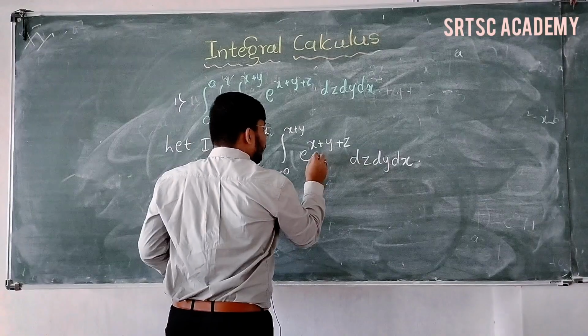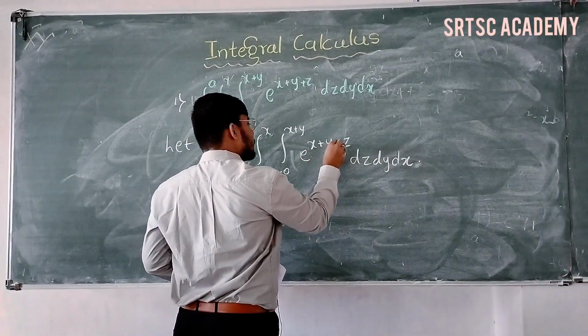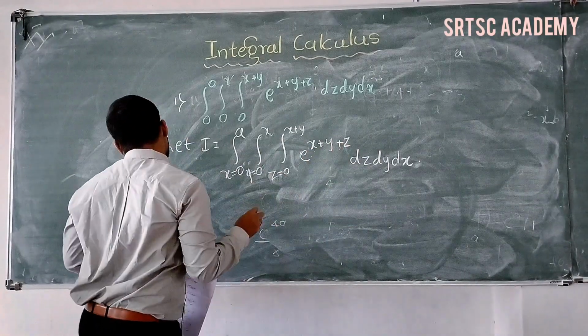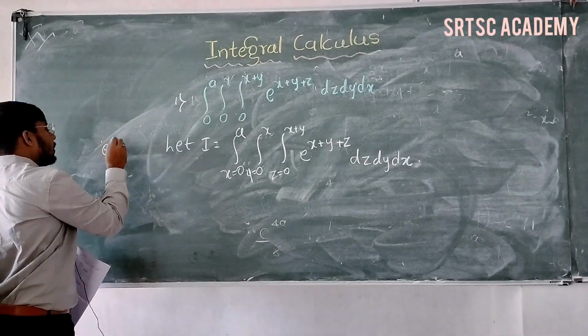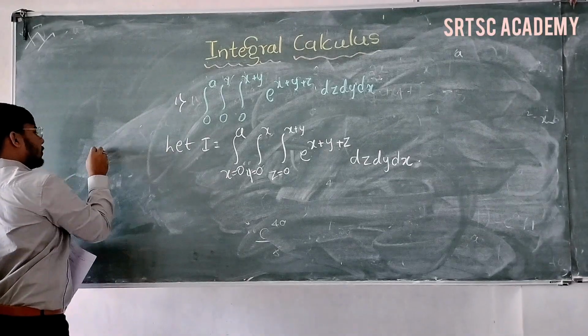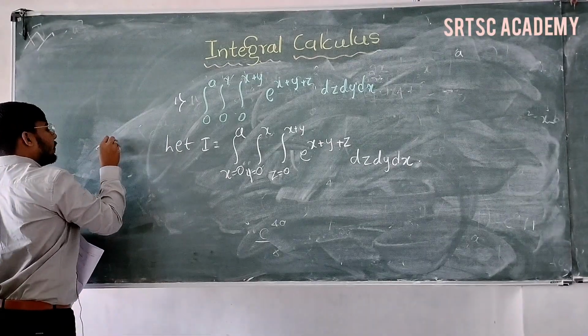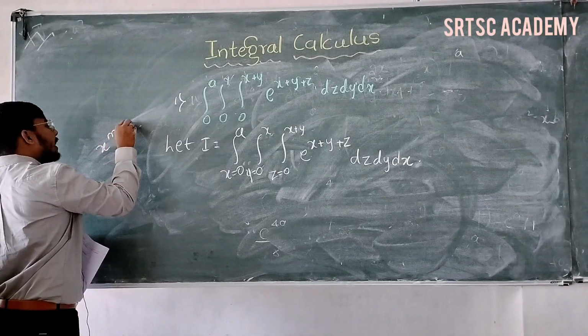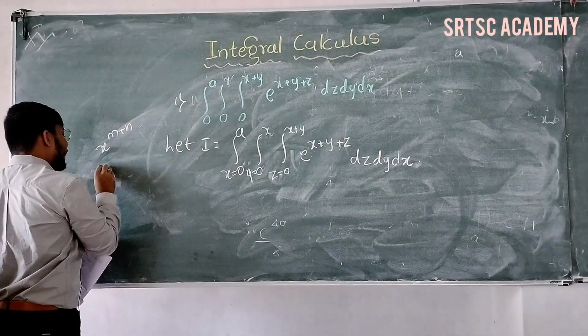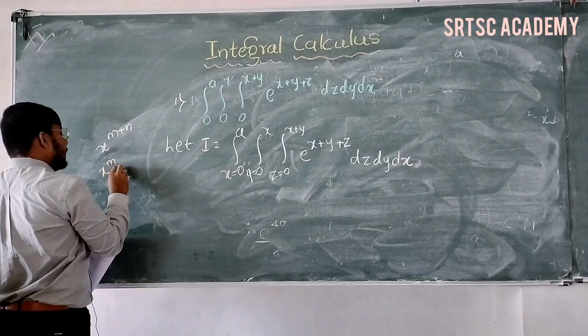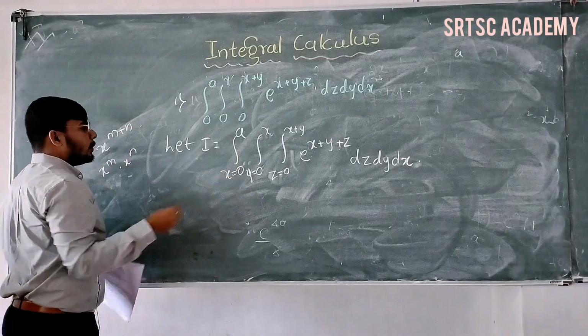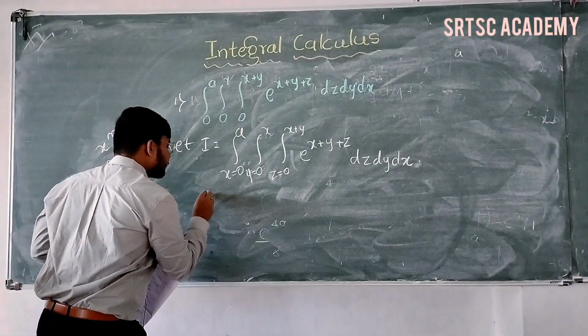Okay, we have e to the power x plus y plus z. We have the exponential rule. What is that? E to the power m plus n, we can write it as e to the power m into e to the power n. Like that only, I will split this. Okay.